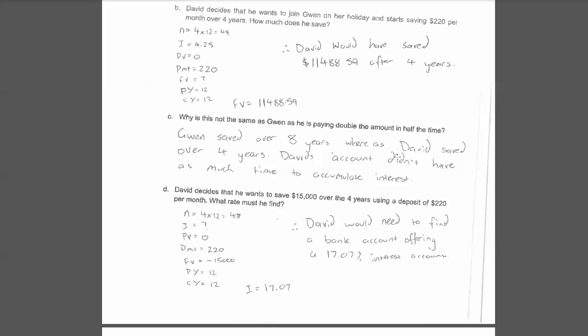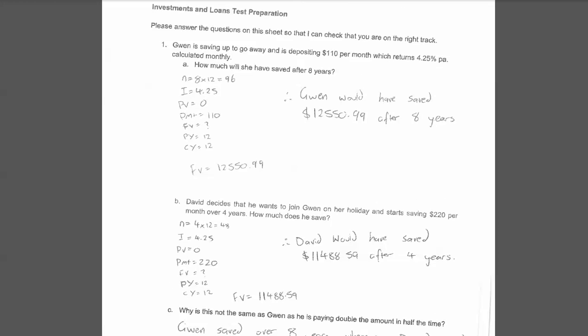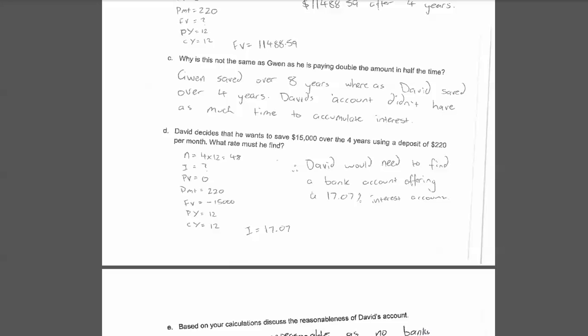Well, essentially, he started saving over 4 years, so the interest wasn't compounding over as long of a period as in the question above. The more time the money has to accumulate in the interest account, the more money it's going to earn over that longer period of time.